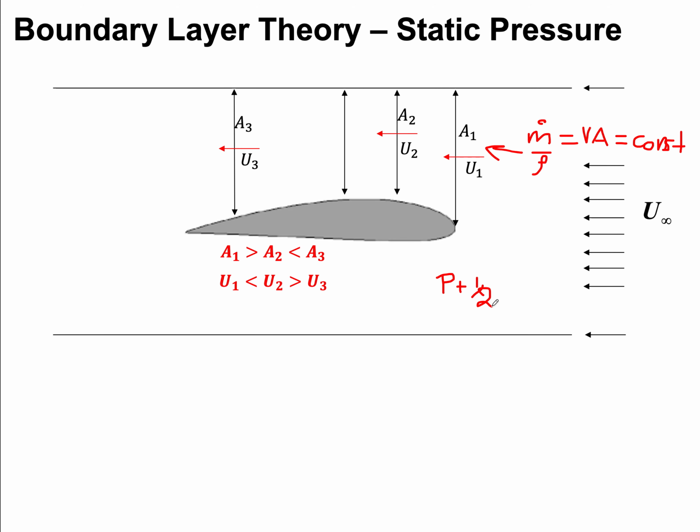Half rho u squared is a constant over a streamline.